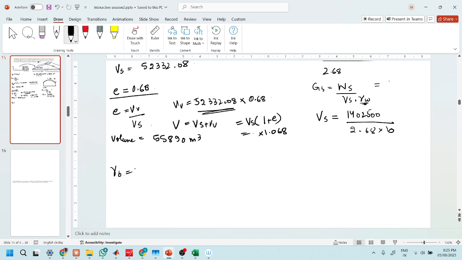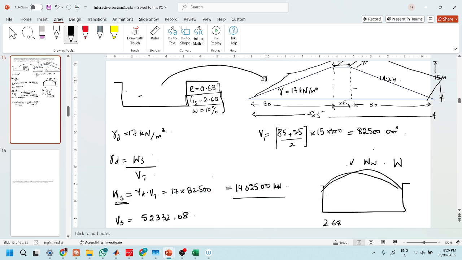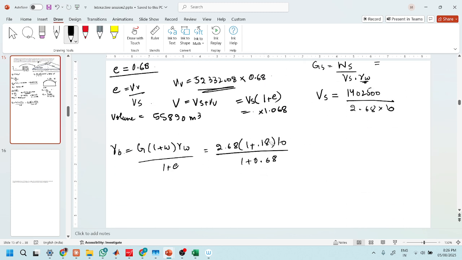You can calculate gamma bulk equals G times 1 plus w times gamma w over 1 plus e equals 2.68 times 1 plus w.